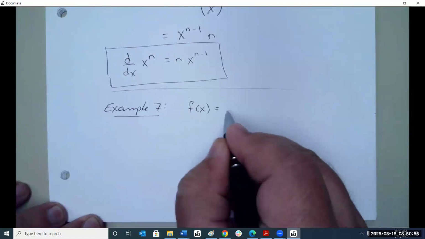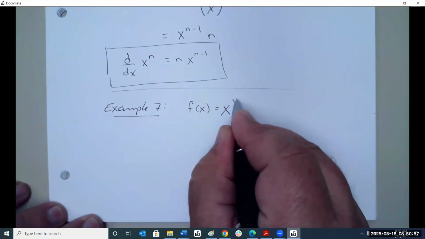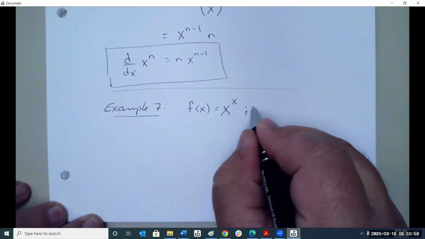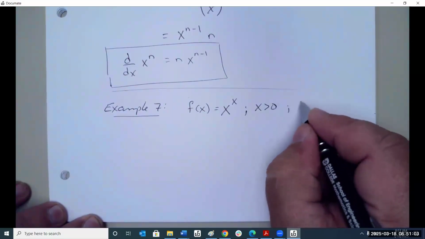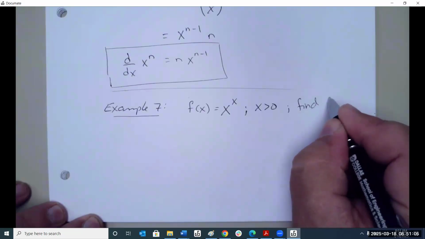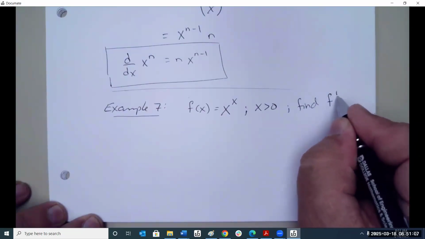Given x to the power x, where x is greater than 0, find the first derivative.